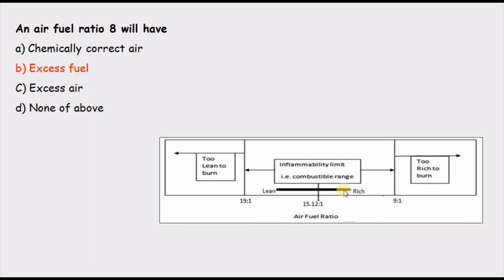What we say is rich in terms of fuel, that is excess fuel. So the correct answer for 8:1 richer mixture is that it has excess fuel. Or we can say it is having less air. Here there is no option of less air. So the correct answer is excess fuel. Excess air is not. On this side we have excess air, so it is 15, here it has become 16, 17, 19, etc. So if you talk of leaner, it will be excess air. Chemically correct is only at stoichiometric. So A is not correct, C is not correct, and the correct answer is B only.